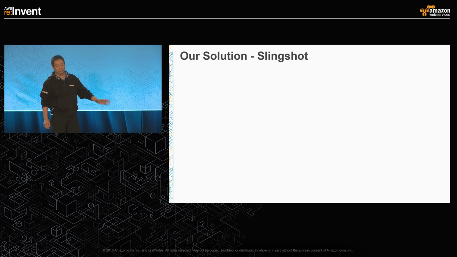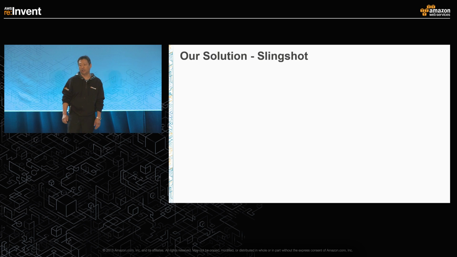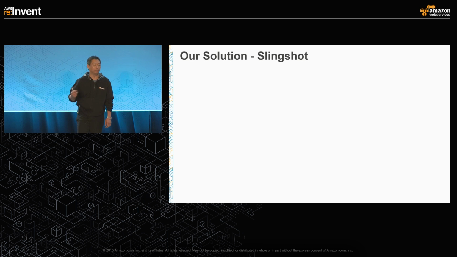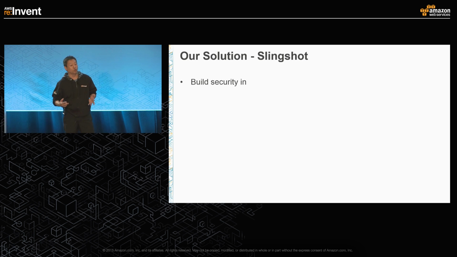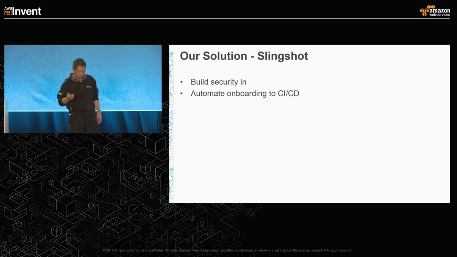So to solve these challenges, we created Slingshot. So what is Slingshot? Slingshot is our internal tool that automates the hosting of our applications and services in AWS. We built security in. This means using industry best practices, tools, and principles used in software development, architecture, and security, and building that into our software and our infrastructure.